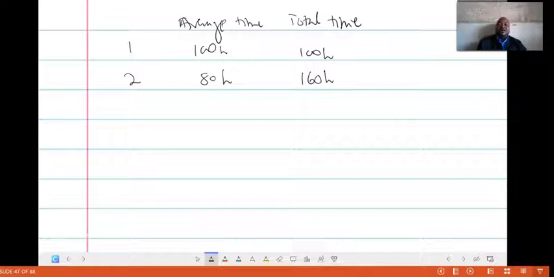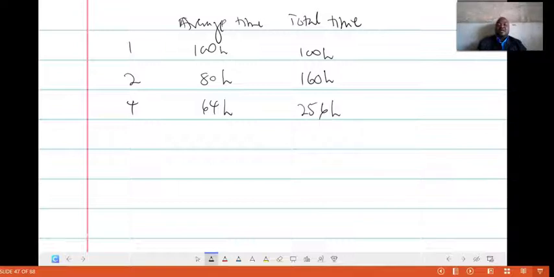Then when production doubles again, the production was taking about 64 hours per unit, and the total becomes 4 by 64, that's 256 hours.